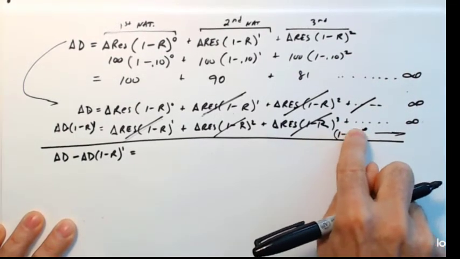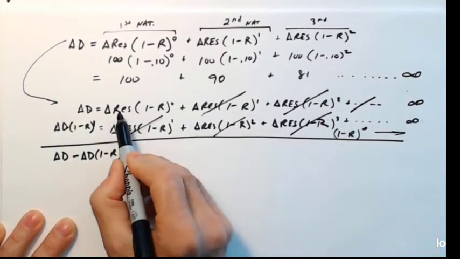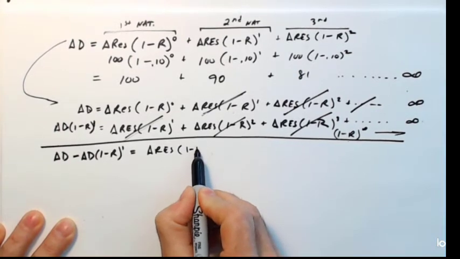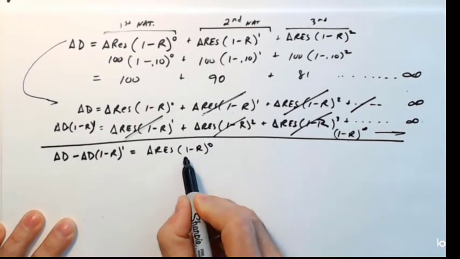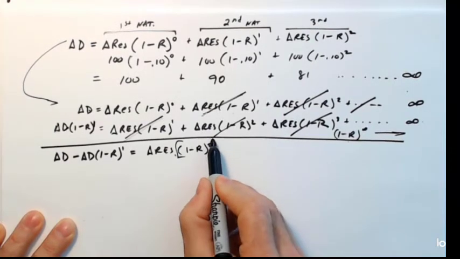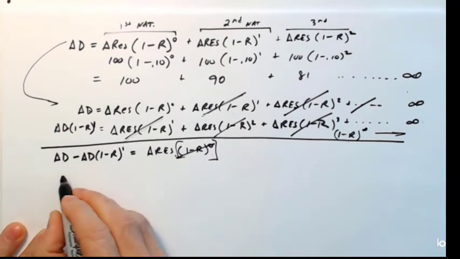That basically is zero. So what you're left with is delta res times 1 minus r to the 0. And 1 minus r to the 0, this component right here, is 1. It doesn't do anything. So let's collect terms.